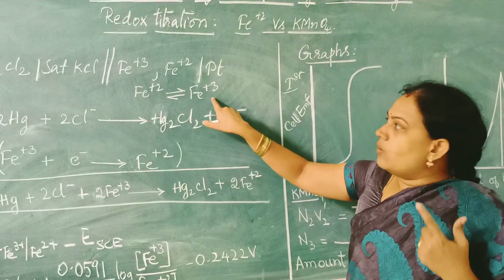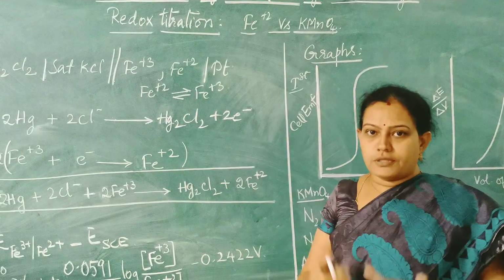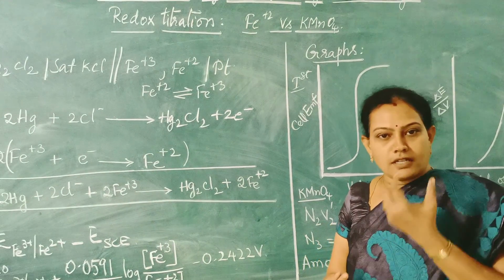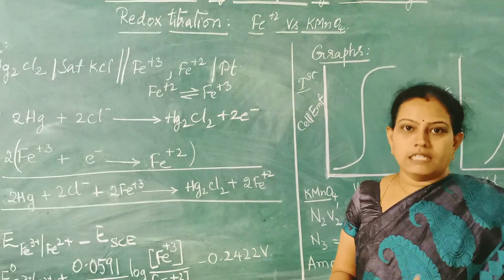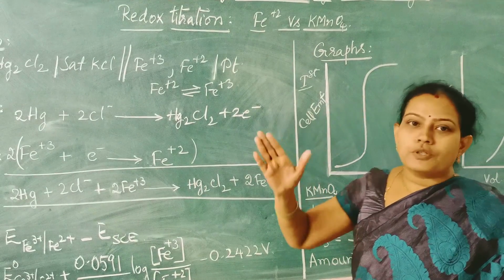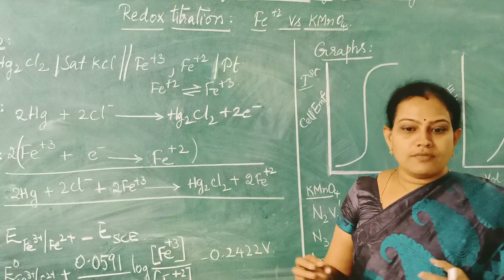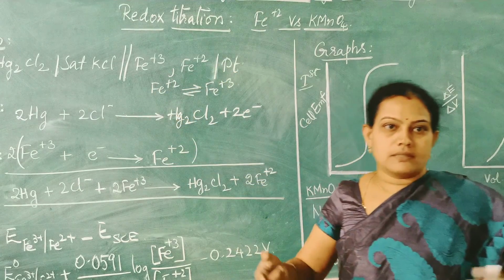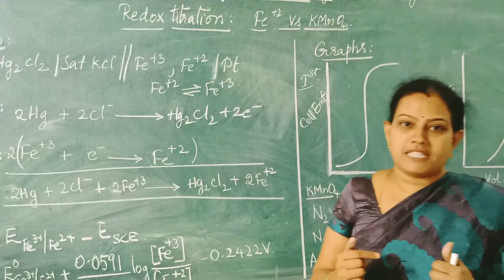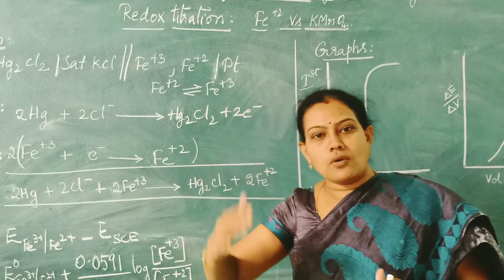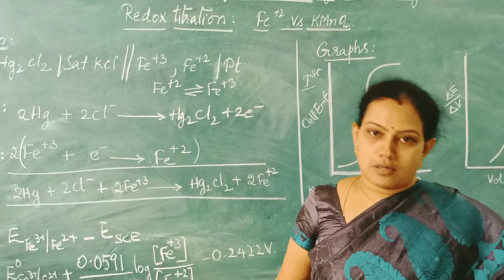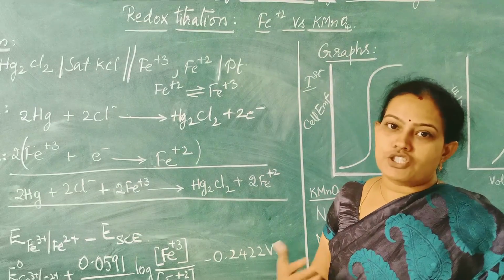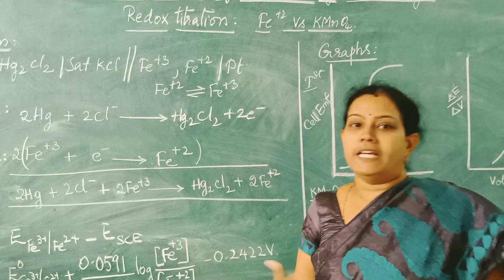So we have the ferrous solution taken, 20 ml, in a beaker, and then we fill the burette with KMnO4 and we connect the platinum electrode and the saturated calomel electrode to the potentiometer. With the addition of KMnO4 in 1 ml lots initially, we observe the changes in the values of EMF.